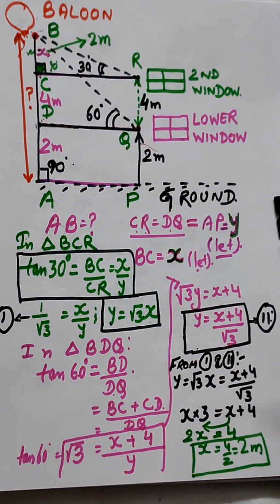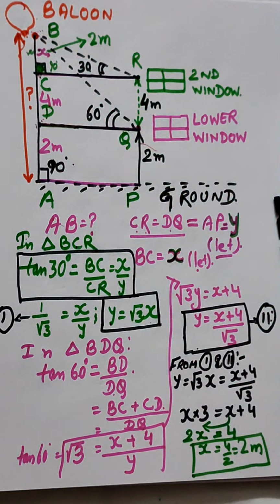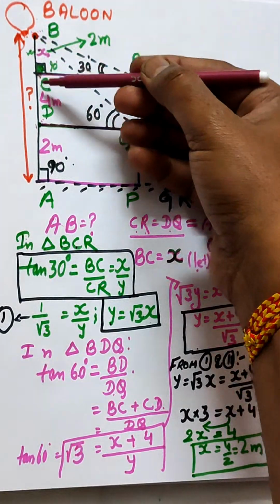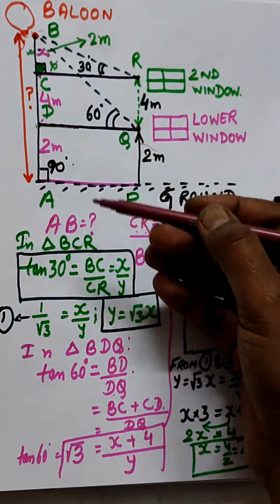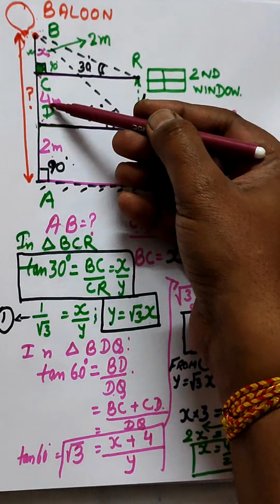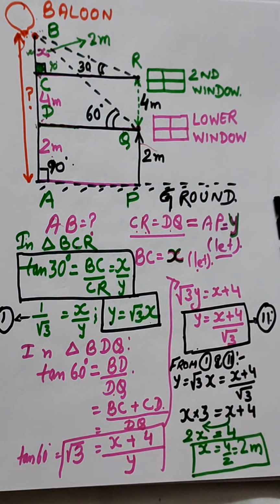Now we have solved this question. How? We have to calculate the height of the balloon. And the height of the balloon is very easy. It's B to C plus C to D plus D to A. And we know 2 meters, 4 meters, and 2 meters. Just add 2 plus 4, 6, plus 2, 8. So 8 meters is the answer, right?